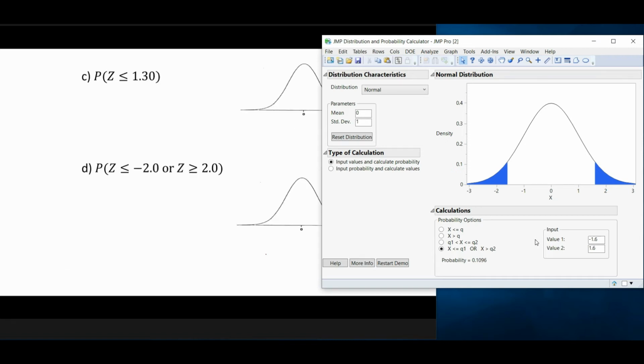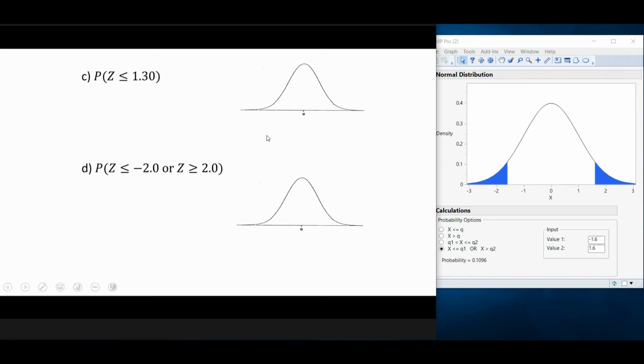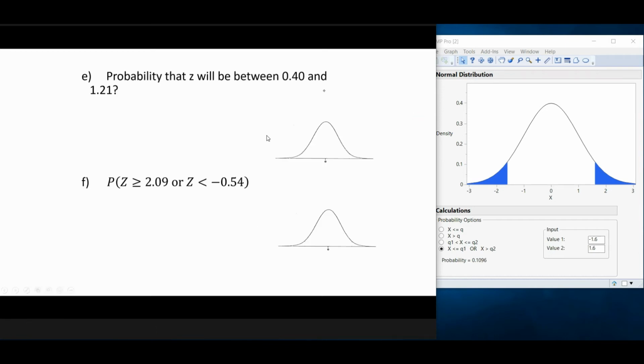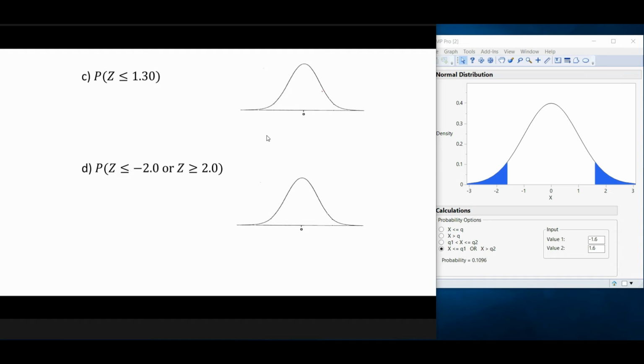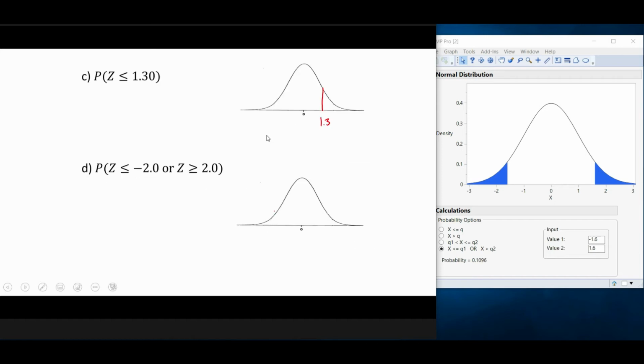Okay, how about the probability that a standard normal random variable is less than 1.3? Well, here is my normal distribution. I'm going to find 1.3 here. That's going to be above 0. There's 1.3. And the probability that z is less than that is everything to the left here.